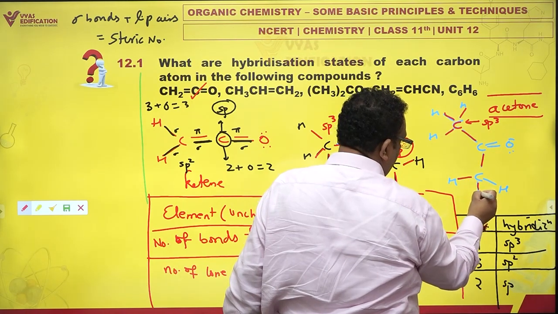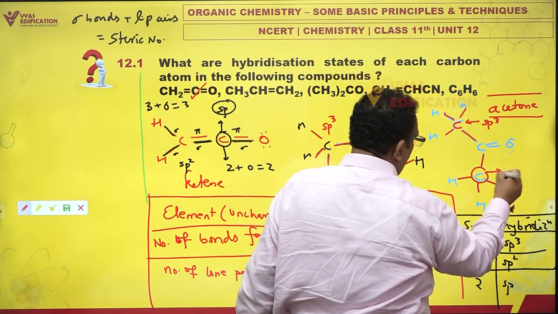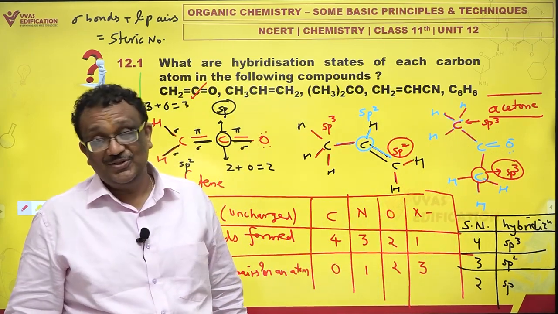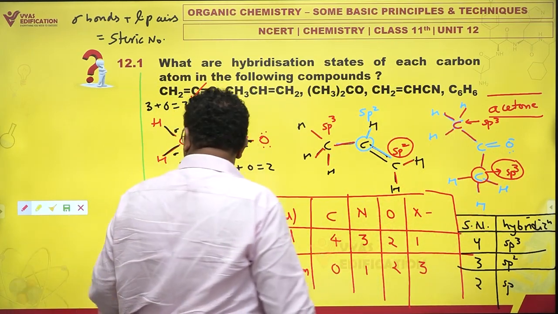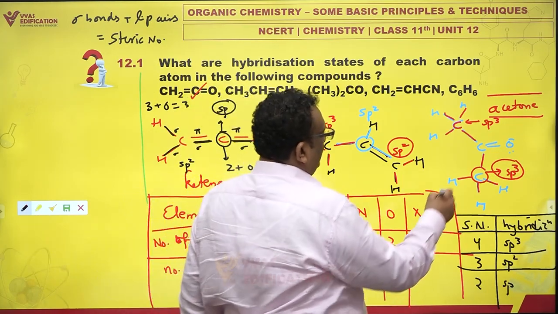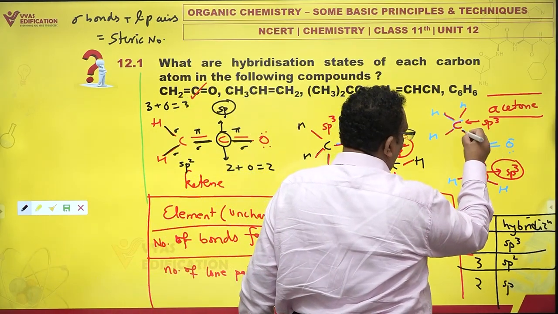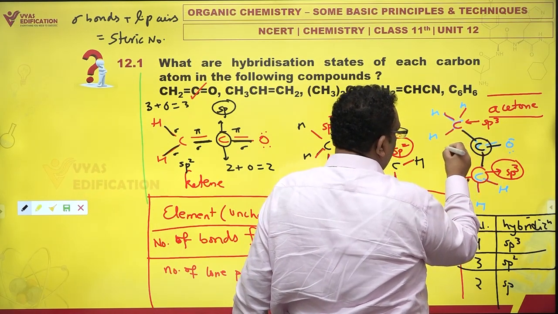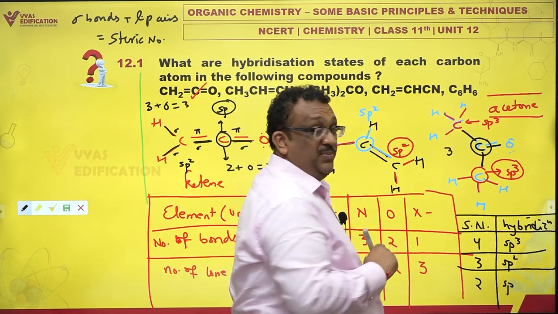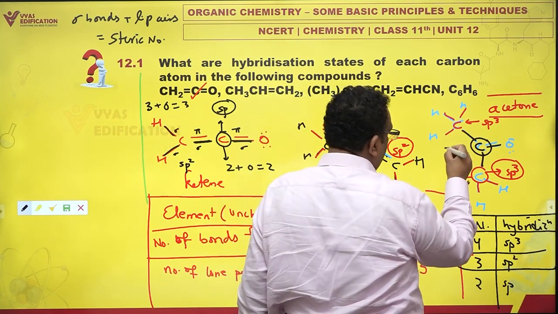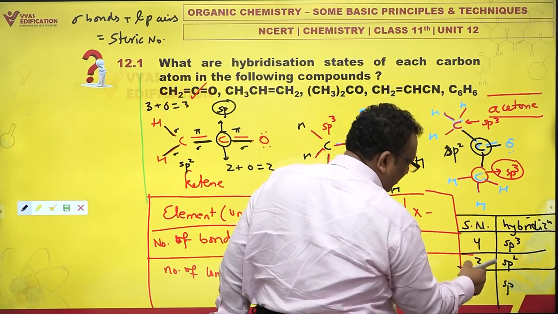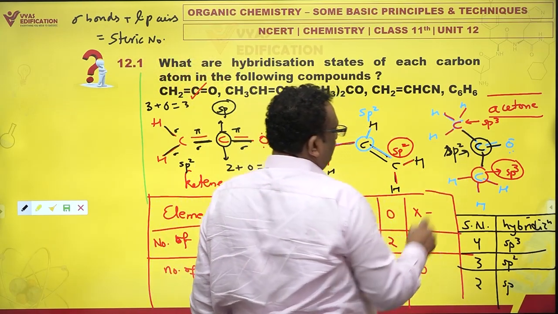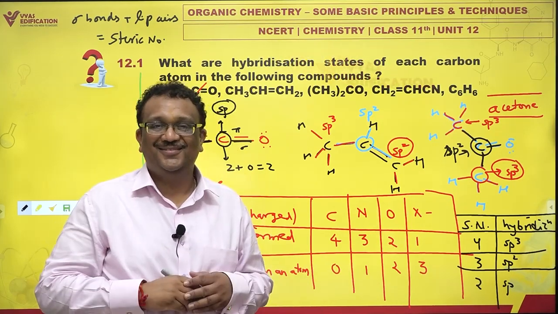This carbon also is sp3 hybridized. What about the middle one? 1, 2 and 3. That means it should be sp2. Steric number 3 means sp2. So this is sp2 hybridized.